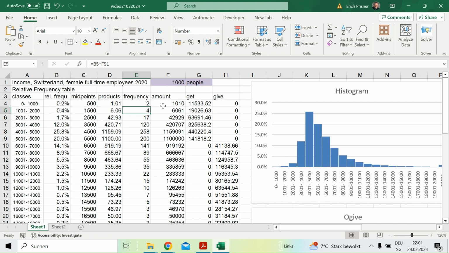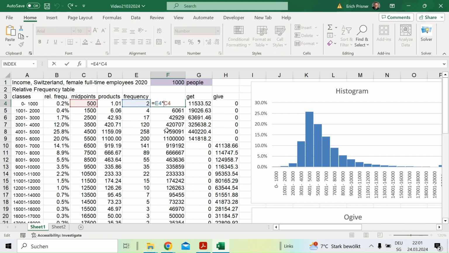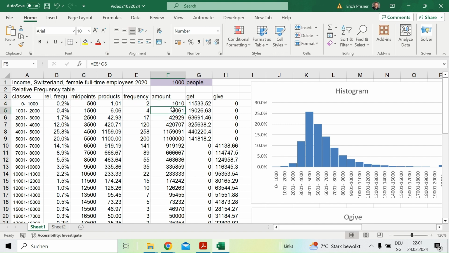Then, of course, the amount is easy to calculate as well if we have the frequencies of these classes. The amount in this class here is 500 times 2. Well, it's not exactly 2, it's 2 point something, so it's about 2.2. And the same here.